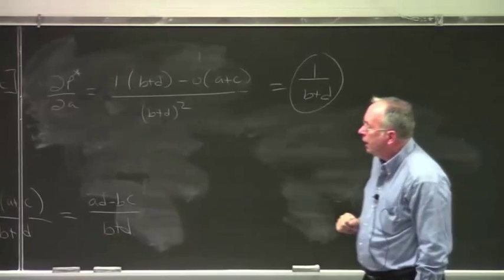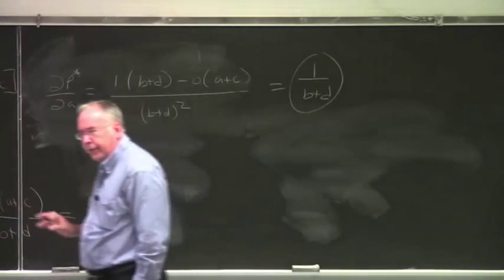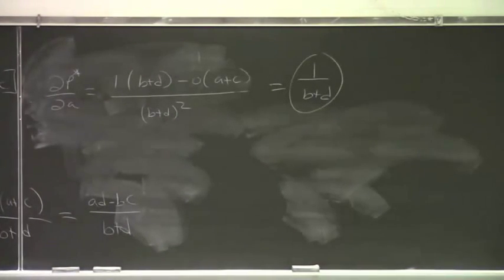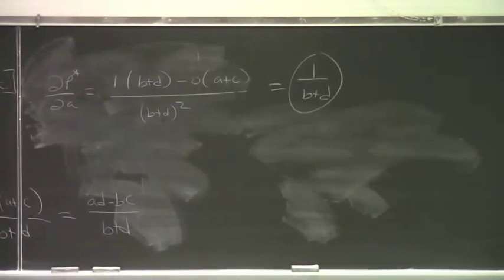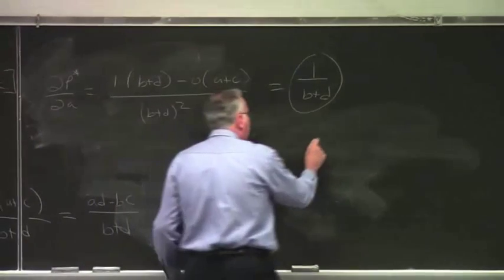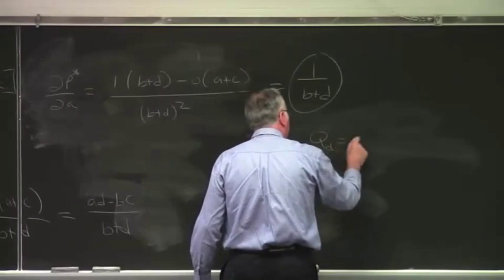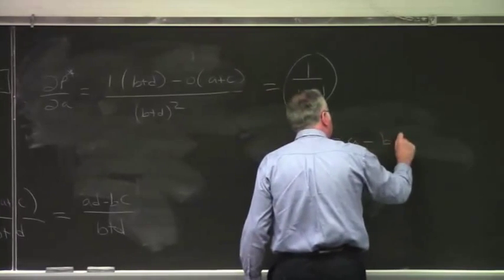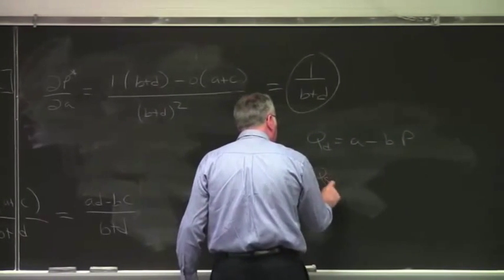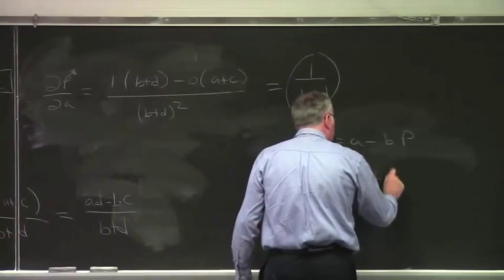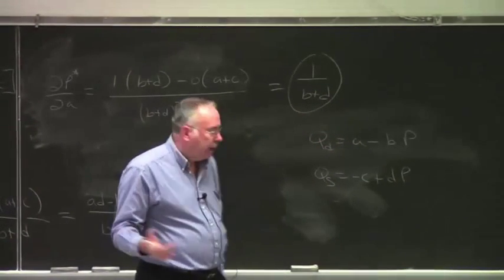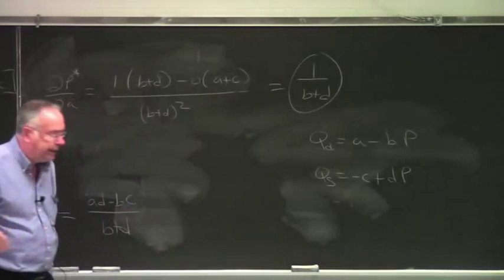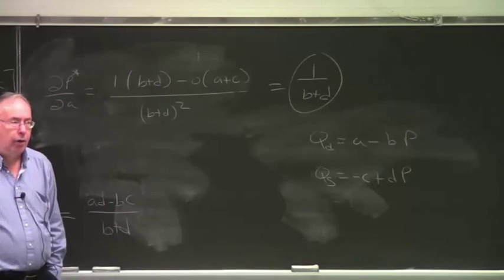Okay. Now, I neglected to point out in this supply and demand model, what are we assuming about all 4 of these parameters? What are our standard assumptions about a, b, c, and d? They're all positive.